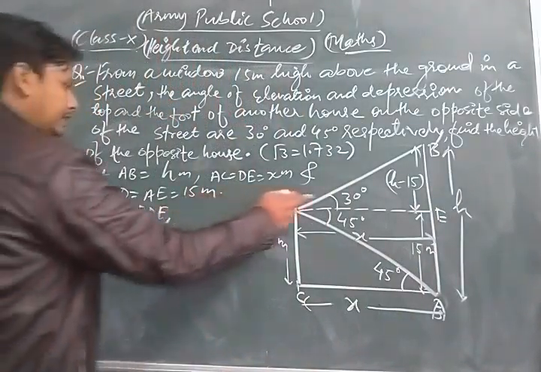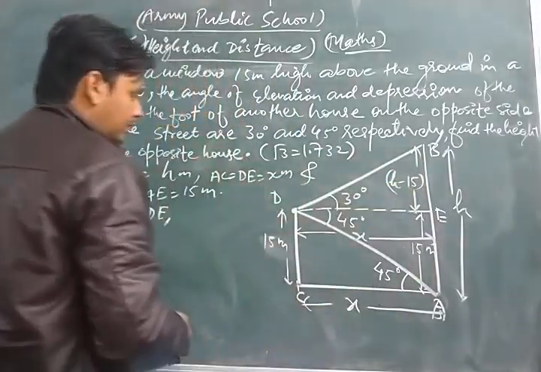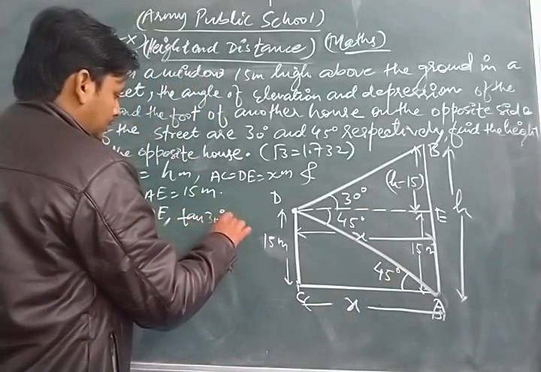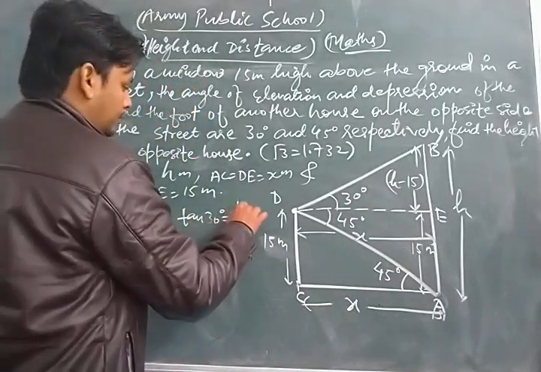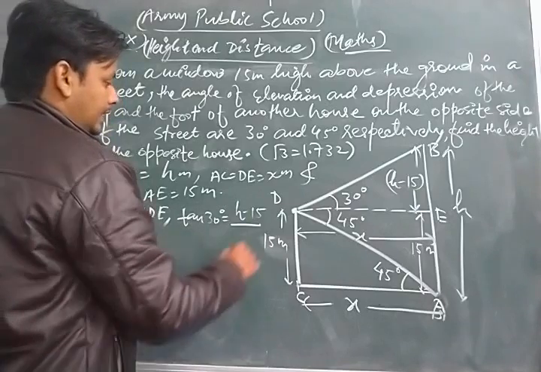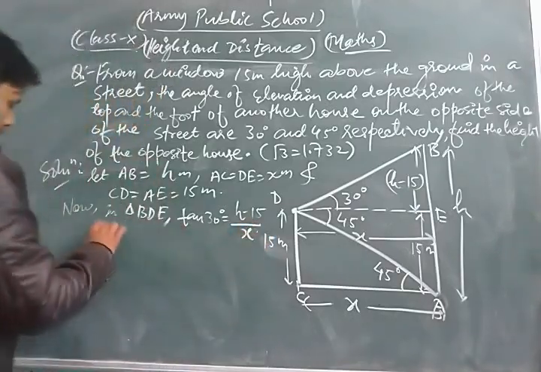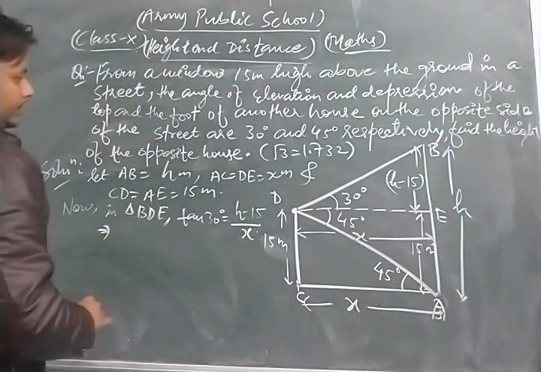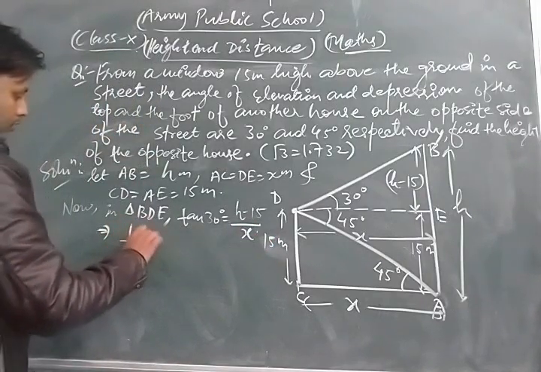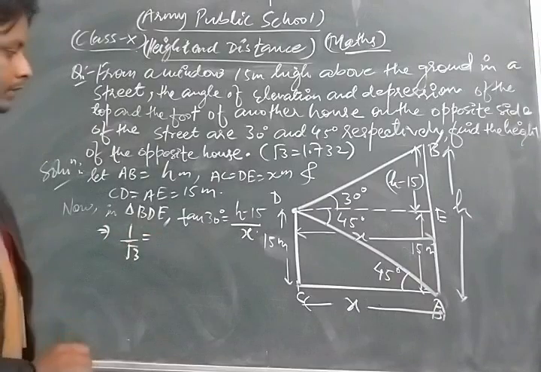In triangle BDE, tan 30, because perpendicular upon base is tangent. So tan 30, perpendicular is what? H minus 15. Base is what? DE, that is X. Now the value of tan 30 is what? 1 upon root 3.